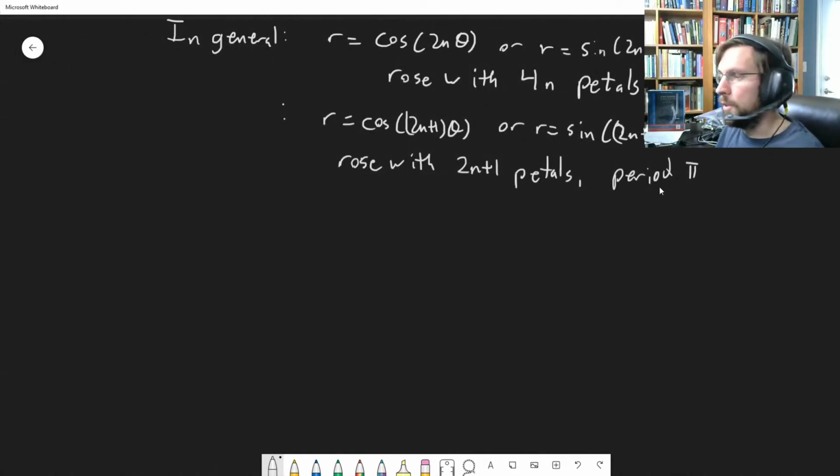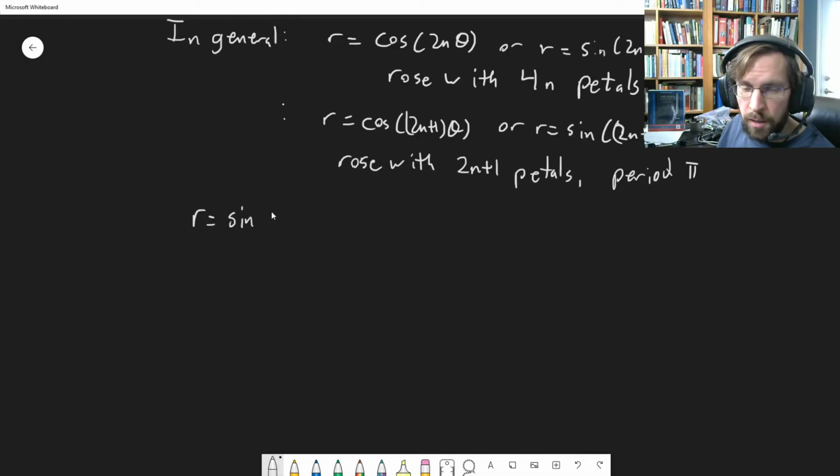Okay, so for example, r equals sine 3 theta is going to look like this. Again, pay attention to the order in which I'm drawing these.